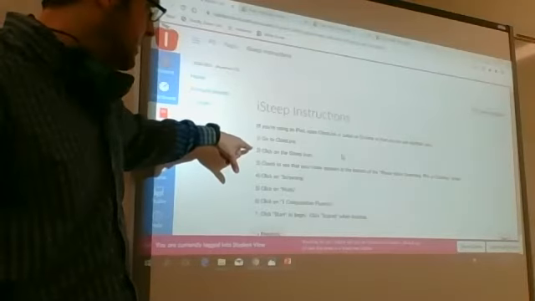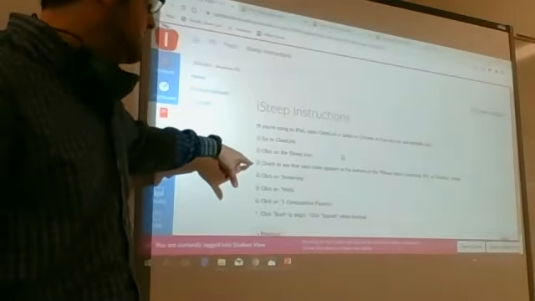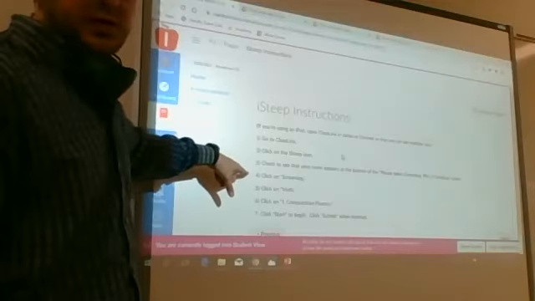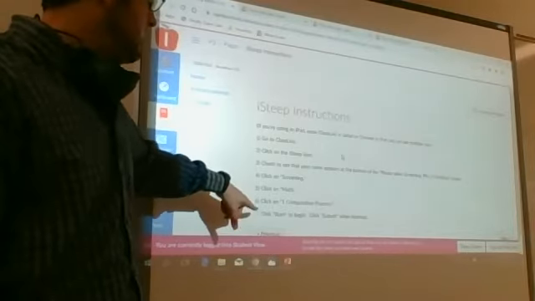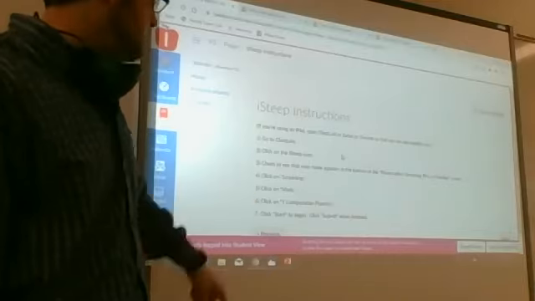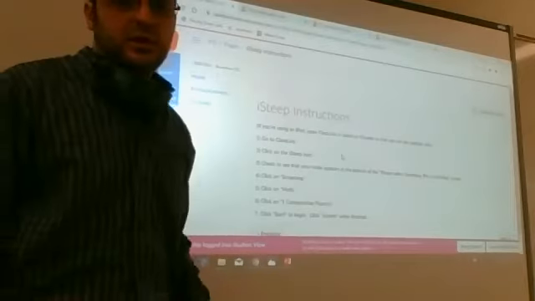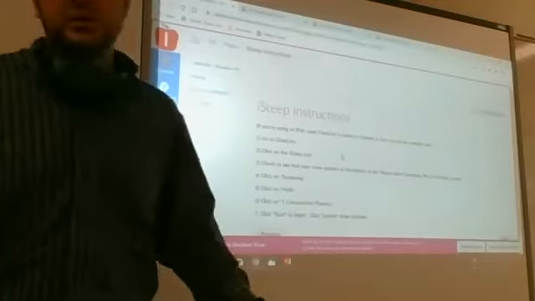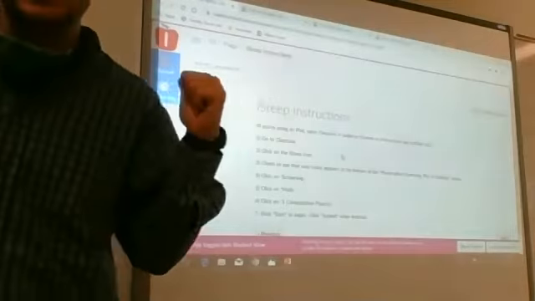Go to ClassLink, click on the I-steep icon, check to see that your name appears at the bottom of the page. Click on screening, click on math, click on number 1, computation fluency, and then click start to begin and click submit when finished.